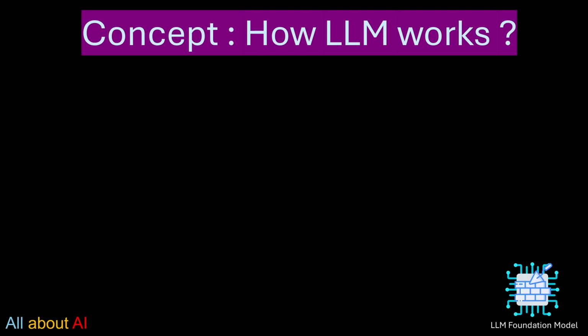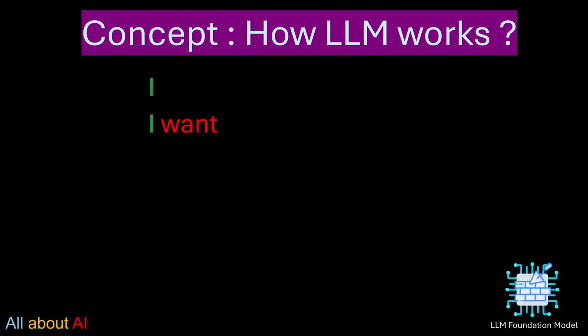Now, how does an LLM work? At a very high level, the model learns by predicting the next word in a sequence, like completing a sentence. For example, I would like to generate a sentence. My first word is "I". The model will generate the next word, which could be "want".